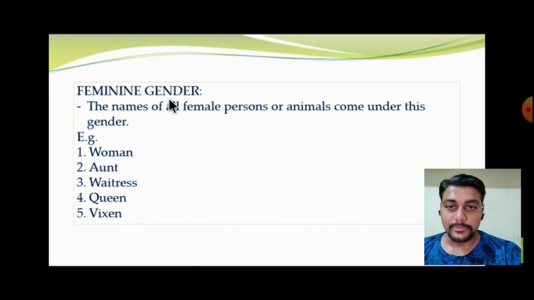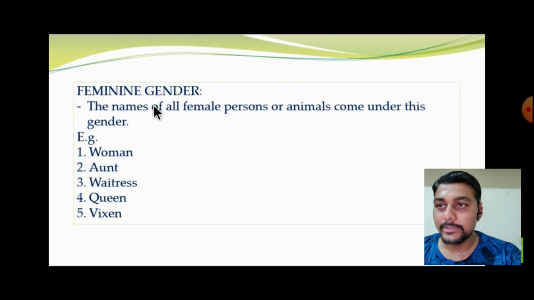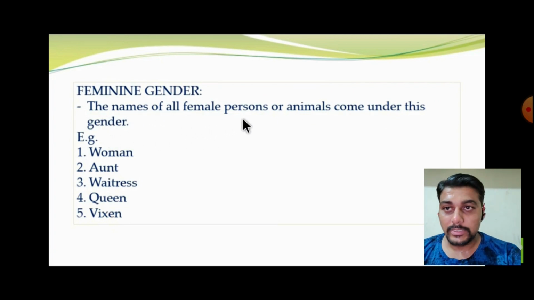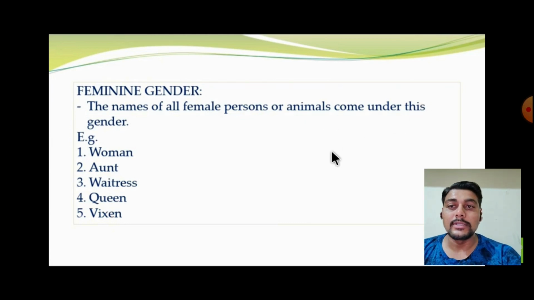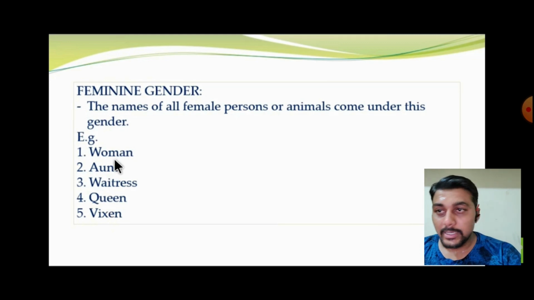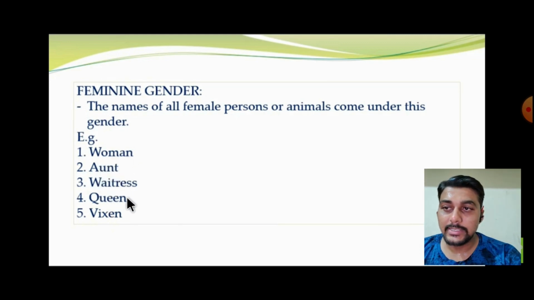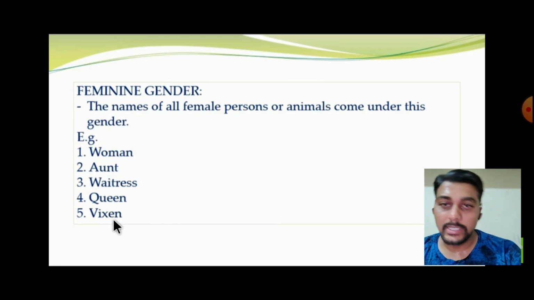The next one is feminine gender. The definition is: the names of all female persons or animals come under this gender. Understood? Examples are woman, aunt, waitress, queen, vixen.